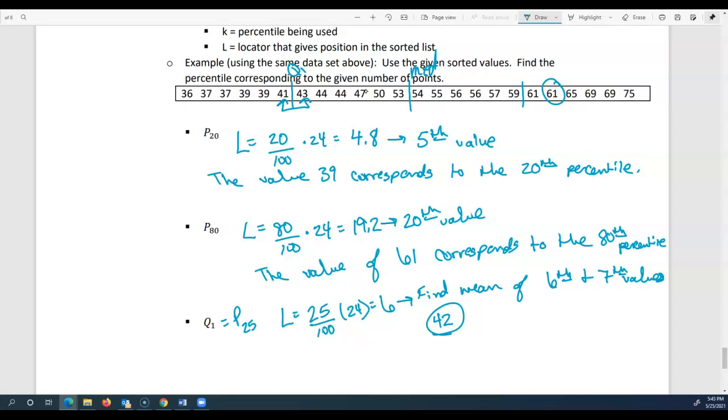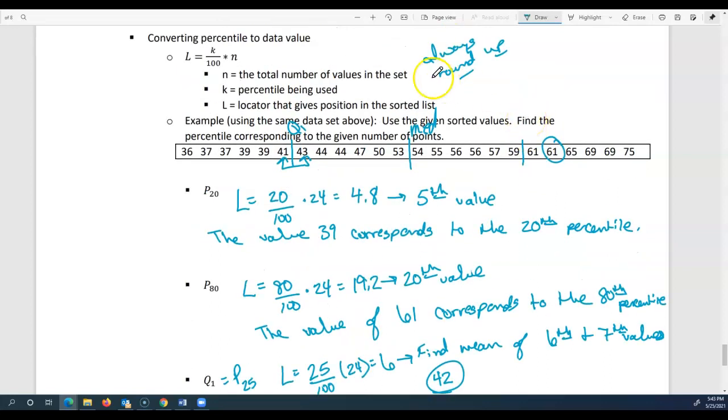So when you're using that locator formula, there are a couple of caveats, if you will. So first one, you're always going to round up. We got 19.2 in that last problem, and we had to round up to the 20th. It was going to be the 20th value.